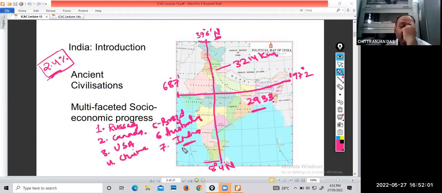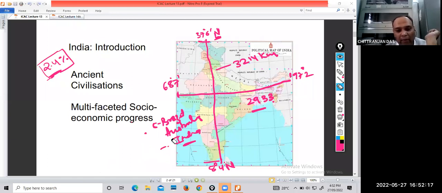So India is the 7th largest country of the world. Is it clear to everyone? The other 6 countries are bigger than India. So area wise, India is very big.